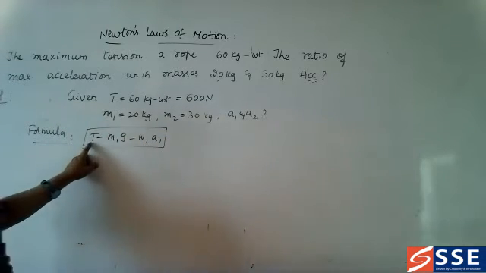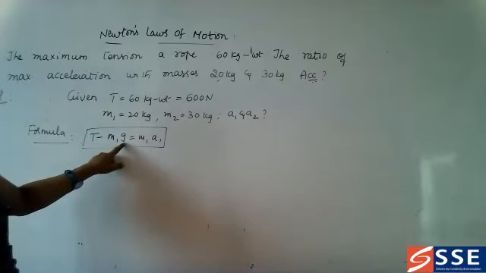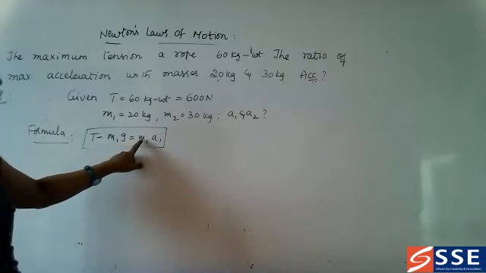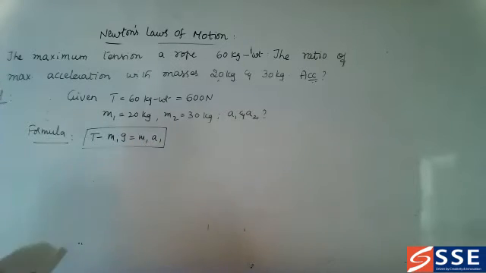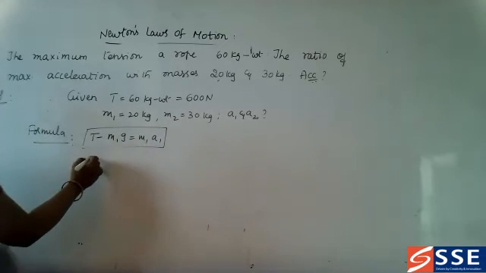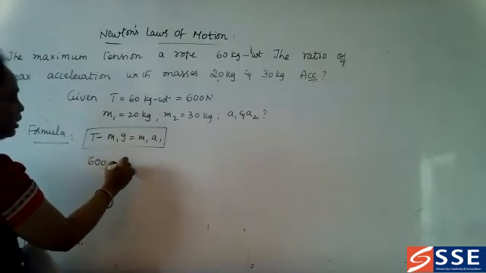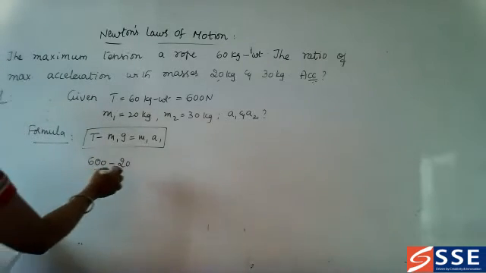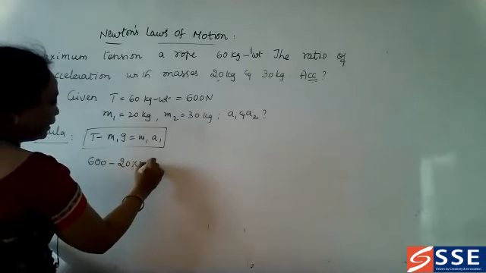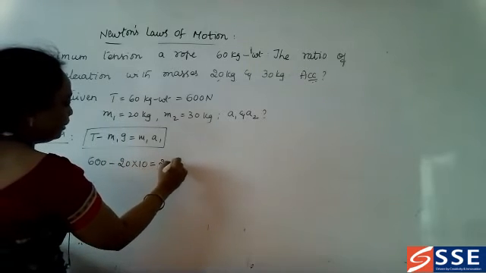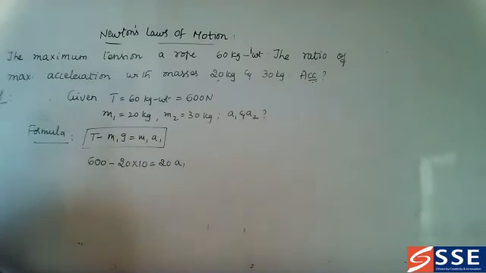Substituting all, 600 minus m1 is 20, and g you can take directly 10, and mass is again 20 into a1.